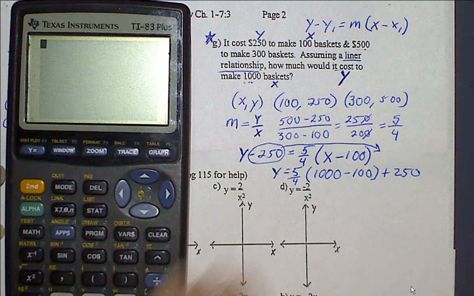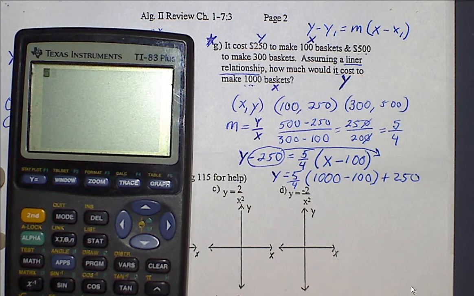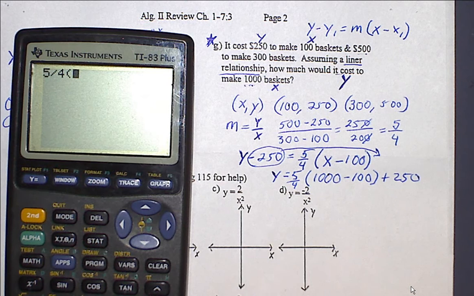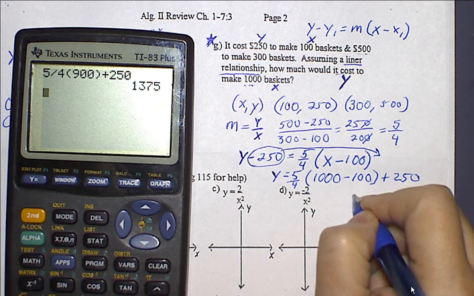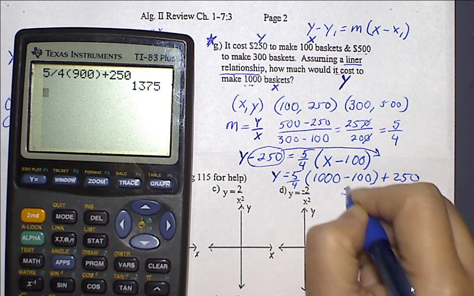Can you see that? So we get 5 divided by 4 times 1,000 minus 100, which we know is 900. So I'm just going to put 900 there so we don't have to put all that into our calculator. Plus 250. Our answer then is $1,375 is what it would cost.